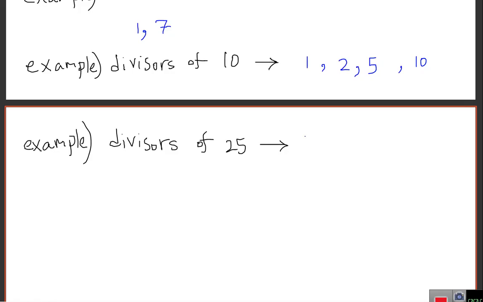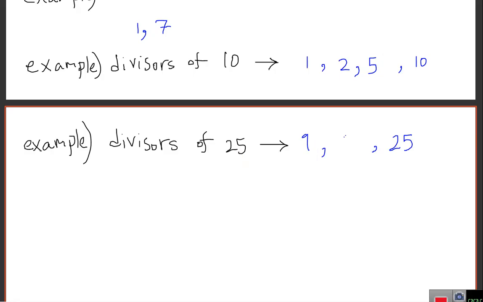As I told you, 1 and the number itself are always divisors, because 25 is divisible by 1 and 25 is divisible by 25, right? We want to search whether there is any other number that 25 is divisible by. For example, we search by going through 5.